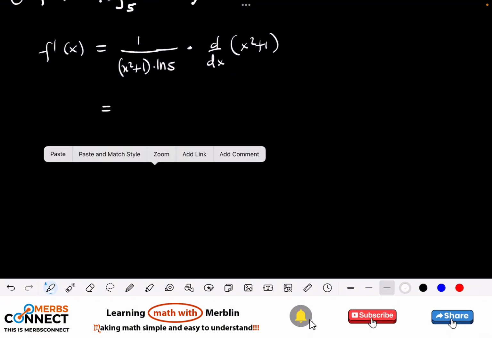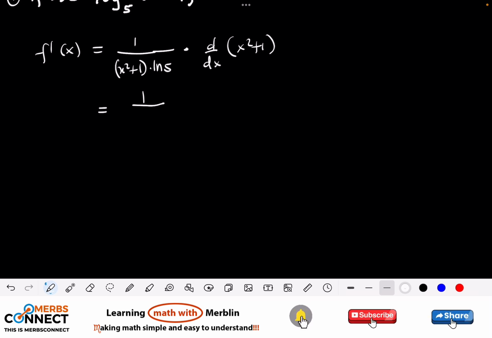So let's go through the process. We are going to have 1 divided by x squared plus 1, ln of 5, times, now when I differentiate this, this is a polynomial function, right? We learned how to differentiate a polynomial function. So when I differentiate x squared, what am I going to get? 2x by using the power rule.